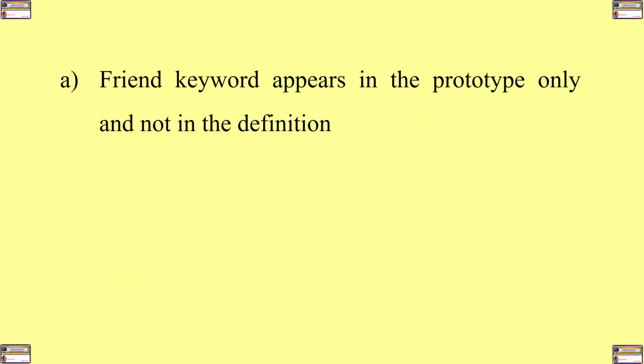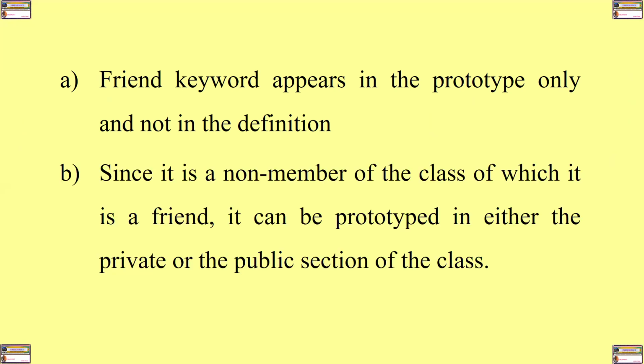In those cases where you want to define a function outside of the class in which it was a member. Secondly, since that class that you are making a friend of the current class is a non-member of the class of which it is a friend, you have the freedom to prototype it either within the private or the public section of the class.